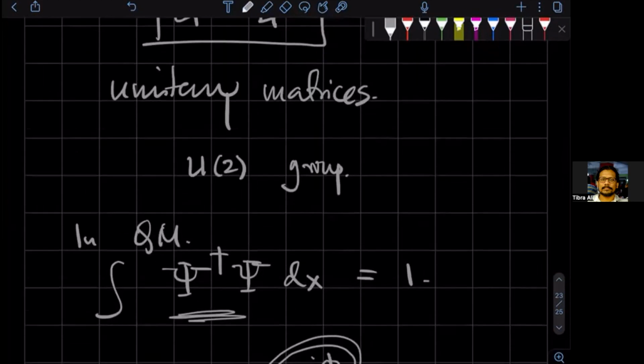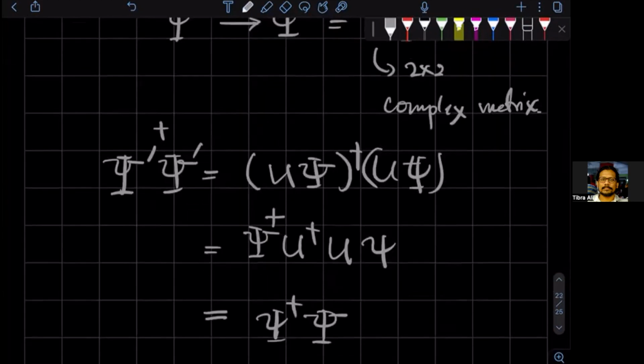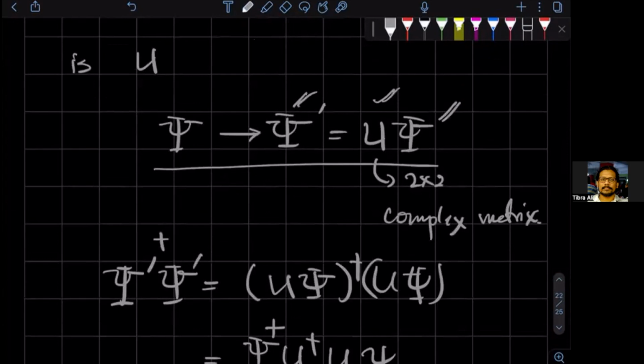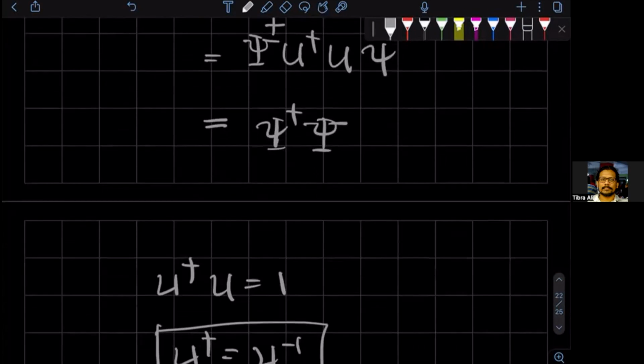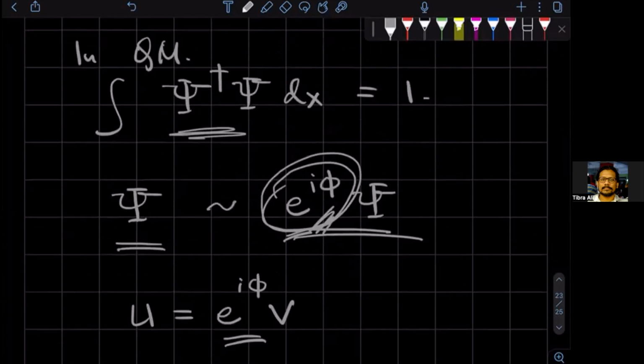This U can be written as e to the power i phi times V, but this factor has no significance, so we might as well set this to 1.